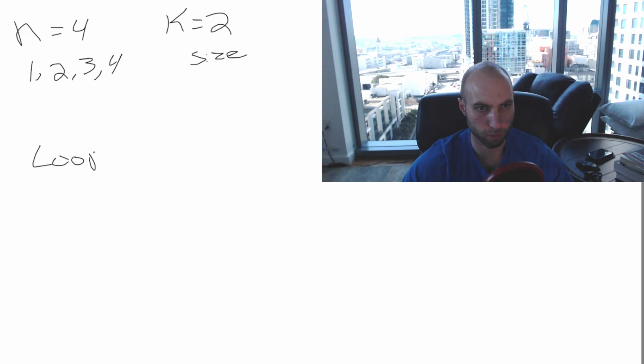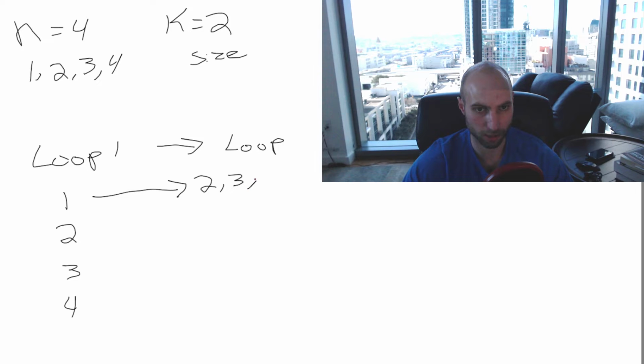So we're going to have a loop where we plant the numbers 1, 2, 3, and 4 into the first position. And it's loop 1. And then we make a recursive call into an inner loop wherein we've planted 1 in the first position. And so in this recursive call, we can try a 2 in the second position, a 3 in the second position, and a 4 in the second position.